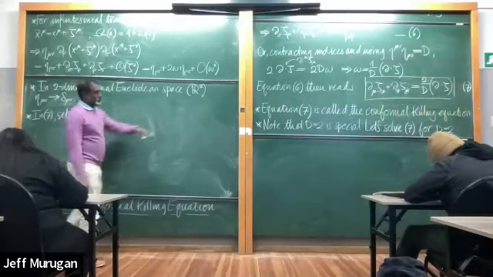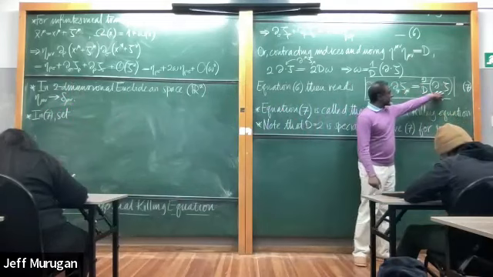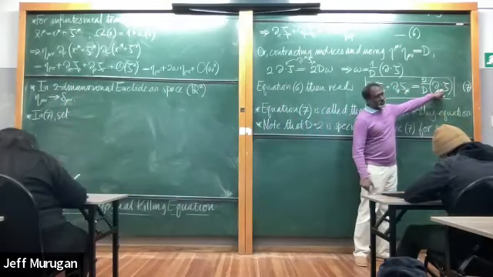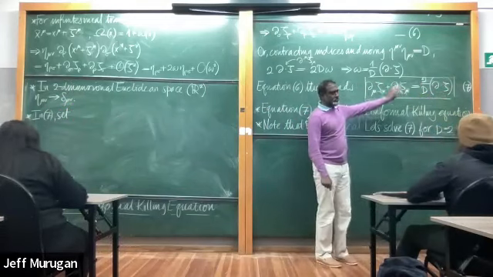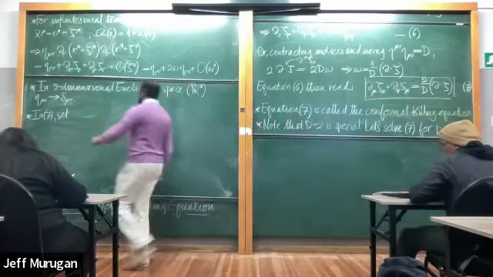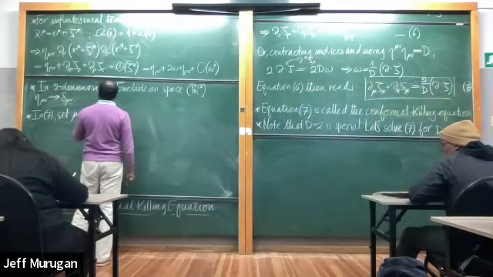Let's set, so mu and nu here are free indices. I get to choose whatever I want. There's an index contraction here that I don't get to choose. I have to sum over all of them. So I'm going to choose mu equal to nu equal to 1.